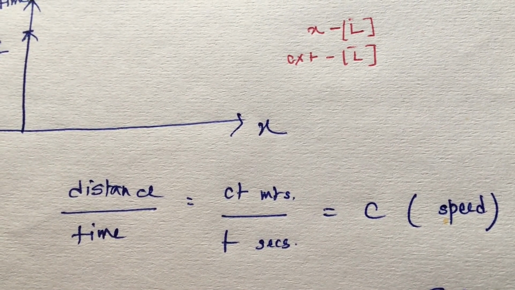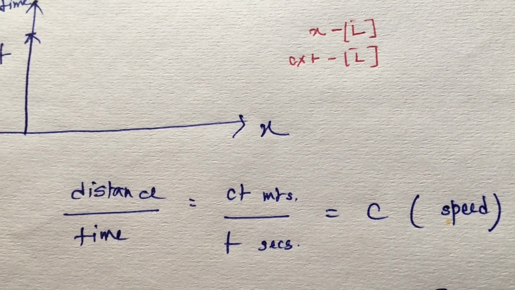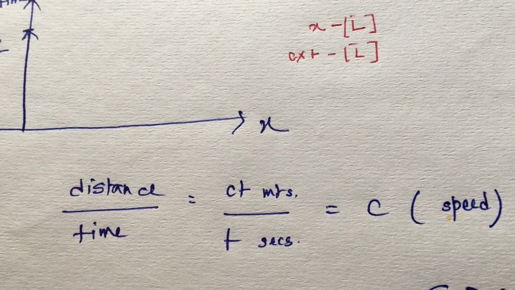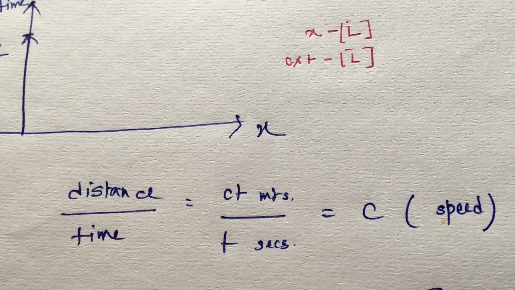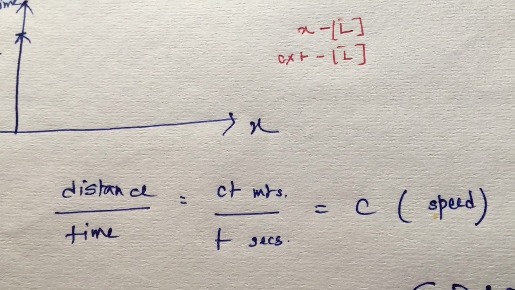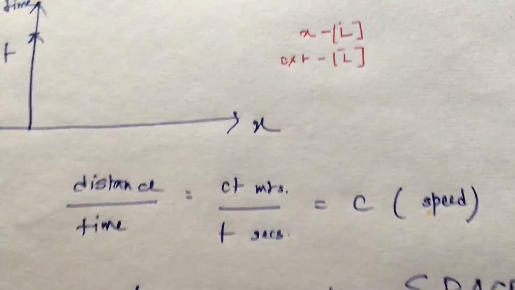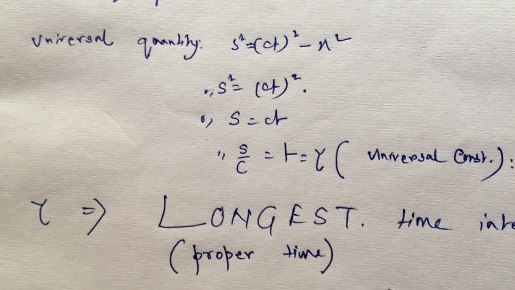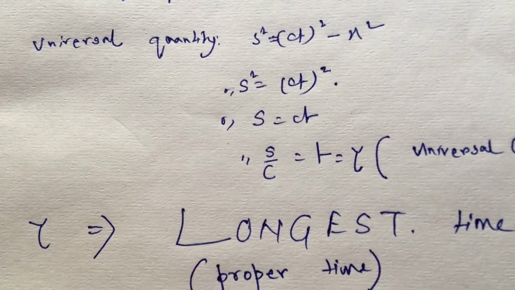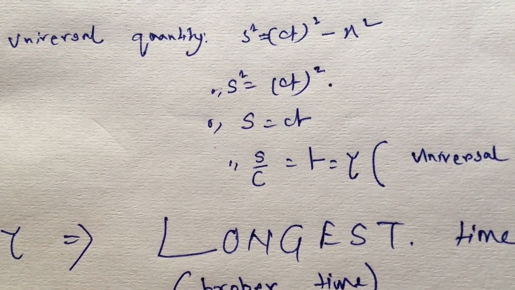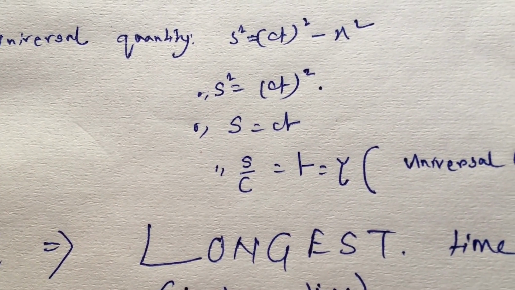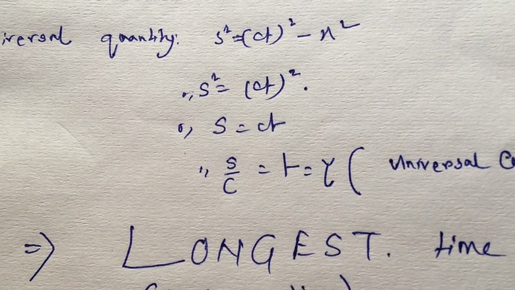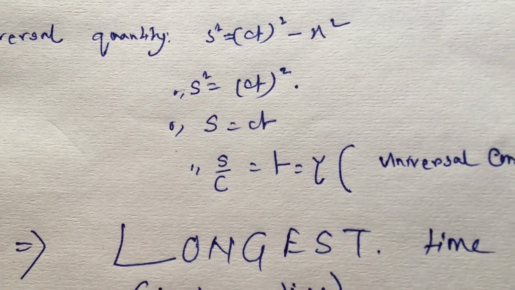This is the speed of the observer in space-time, not along space only, but in space-time. Now let me tell you what the universal quantity s squared is, because already we have shown that s squared is invariant of the reference frame. Now s squared equals ct whole squared minus x squared.